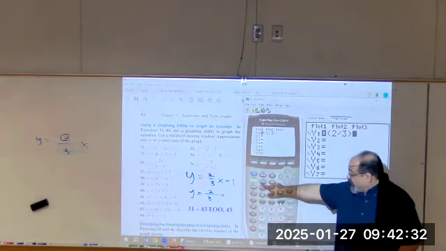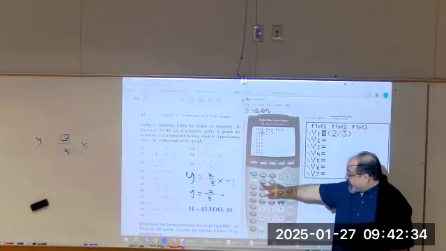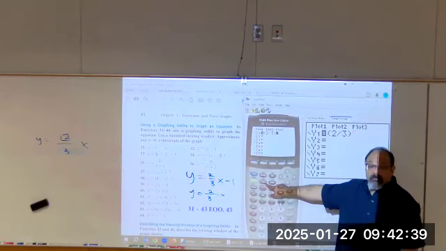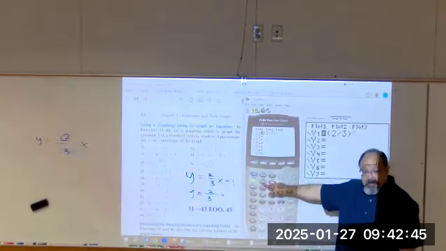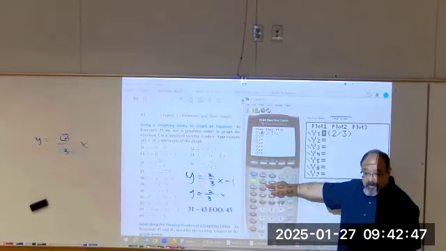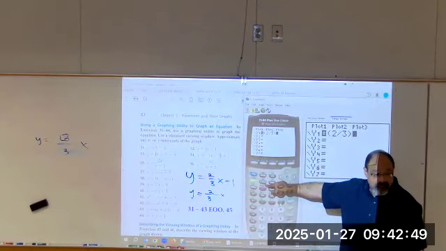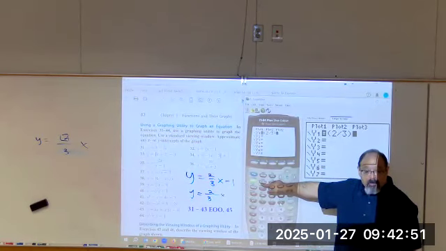This right here has an X and a T and a theta and an N. That's because there are different modes for graphing. The T is when we're graphing a parametric equation, theta is when we're graphing in polar form, and N is for graphing sequential equations. We're focusing on our Cartesian graphs, which is just X's and Y's.